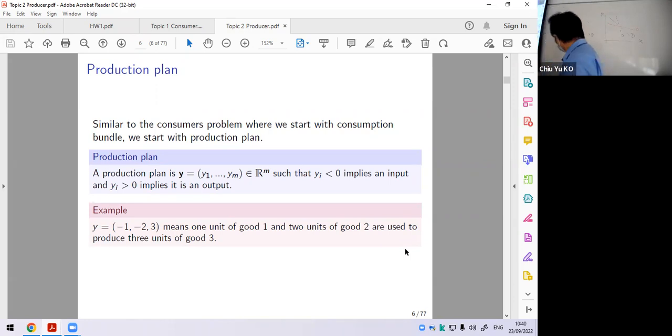For this point, it means you take Y1 as input and you produce Y2. Same down here, I use a red color. You consume this much and produce this much. Negative Y means input, and positive means output.